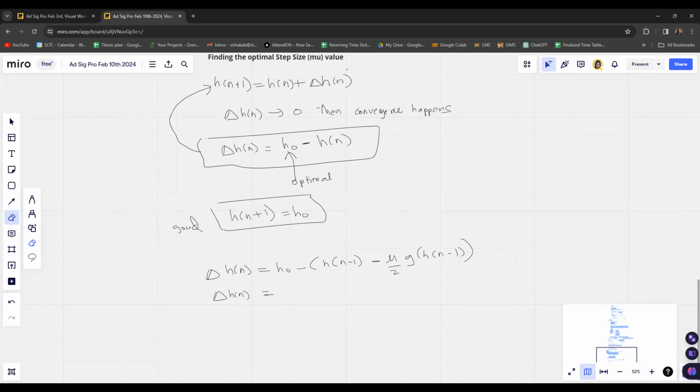So we can substitute the values for the Hn minus 1. We can substitute values for this one. So there's a bracket in here.